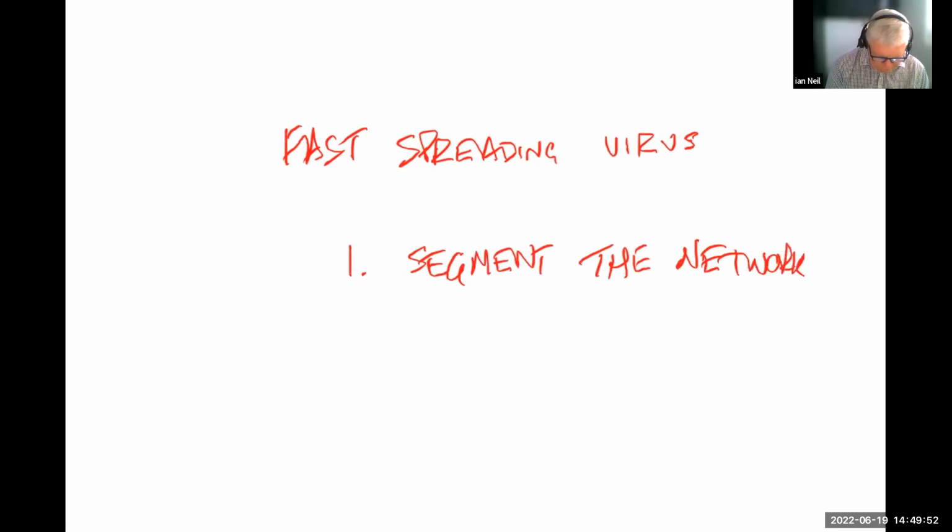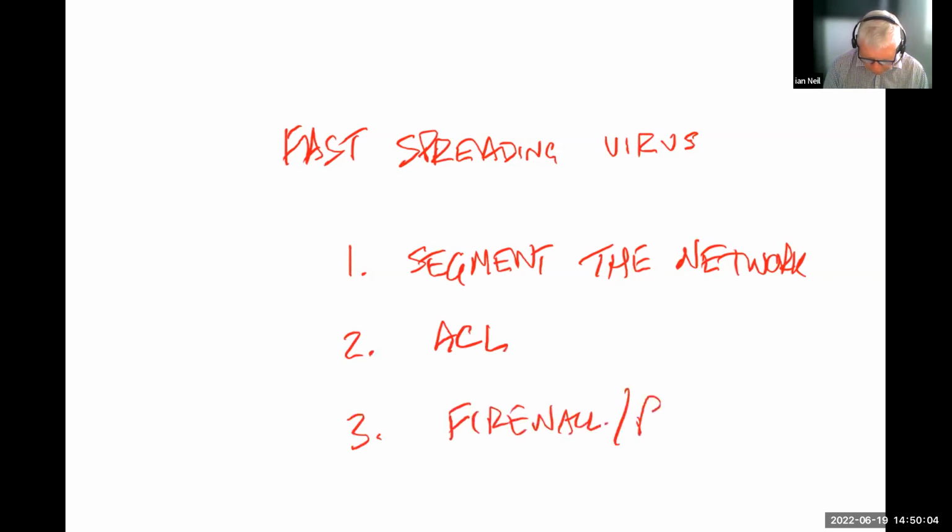You could use an access control list, or you could use a firewall or a router. In the last 2 to 3 months, this scenario has been rife. How are we doing?